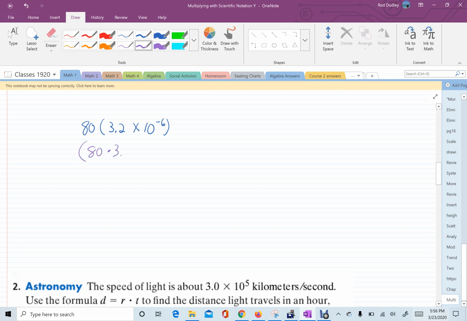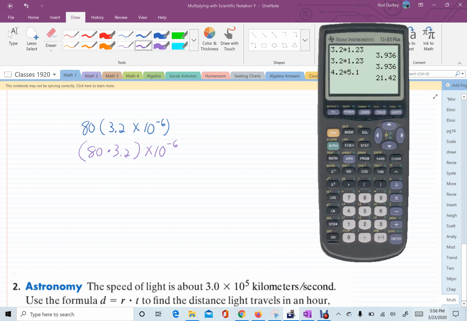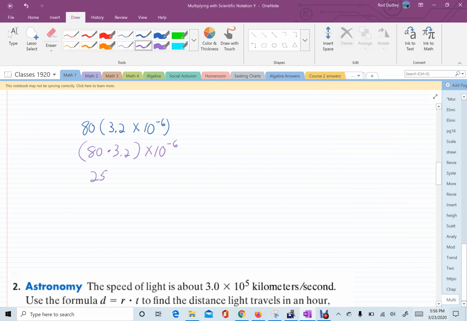I'm going to look at 80 times 3.2 times 10 to the negative 6. Okay, so all I did was regroup there. So 80 times 3.2 is 256. So I have 256 times 10 to the negative 6.